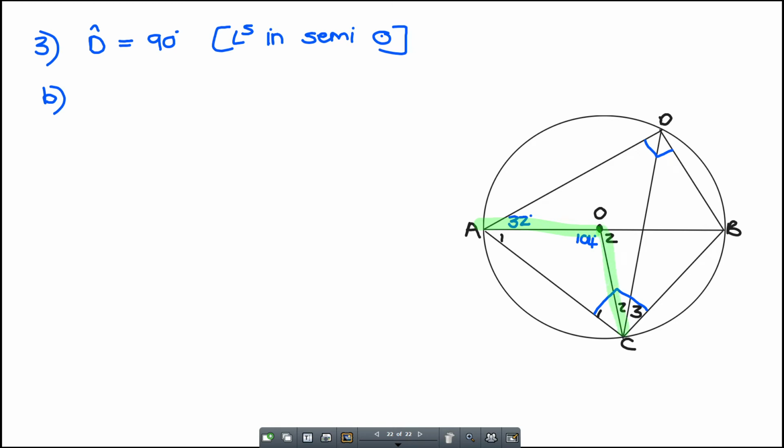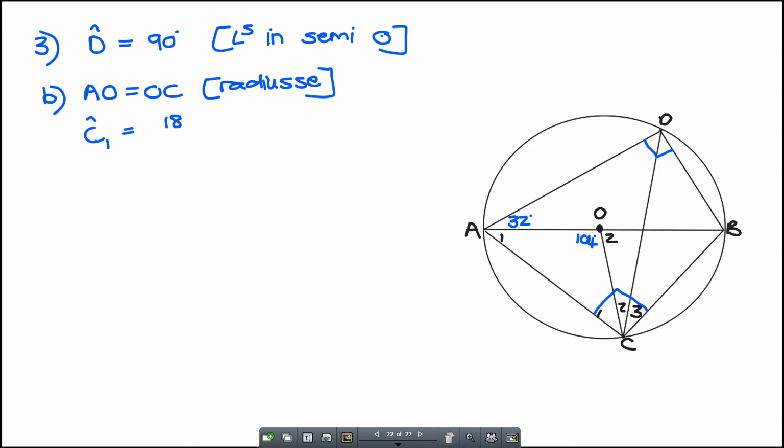OA en OC is radiusse, so ek gaan werk in daai driehoekie. Okay. So let's start off by saying that they are radii. So AO is equal to OC. Want hulle is radiusse.